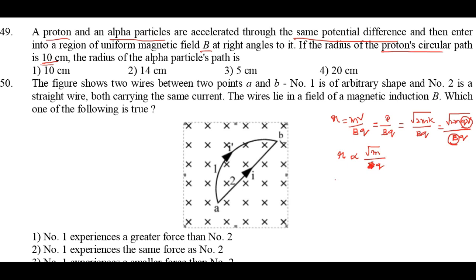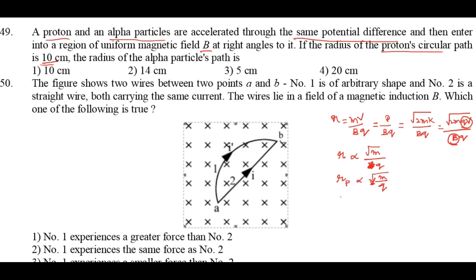So now for the radius of the proton, the radius is root of m by q. Root is only for mass.